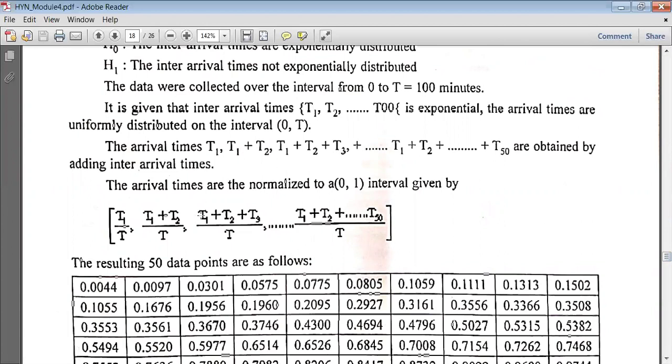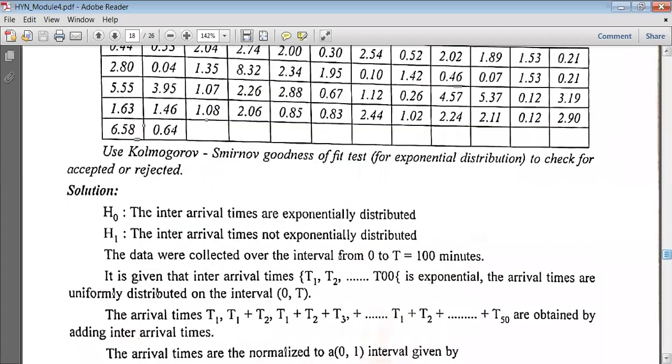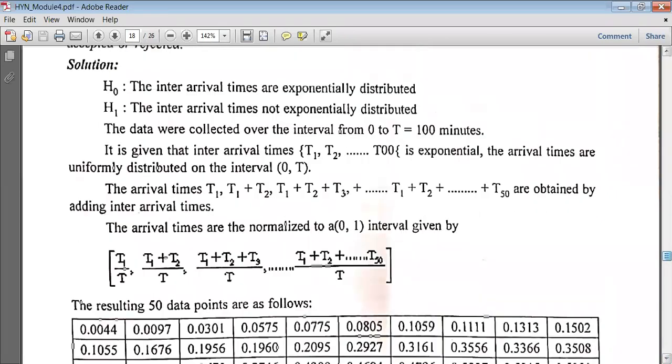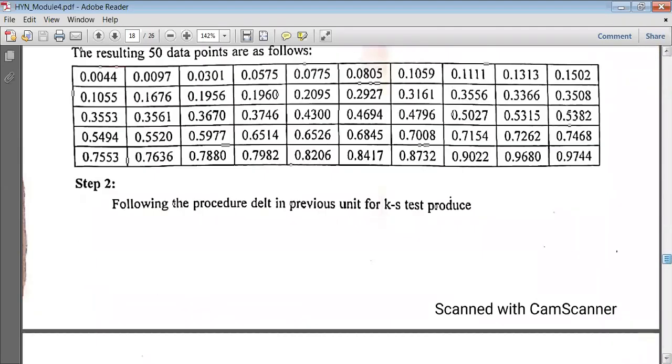The same way, we'll be adding T1 plus T2 plus T3. The same procedure you have to continue. For the fourth value, add 4 inter-arrival times and divide the arrival time by 100, right? Like this, we will be obtaining all the values. So the first step is to calculate the arrival times from the given values.